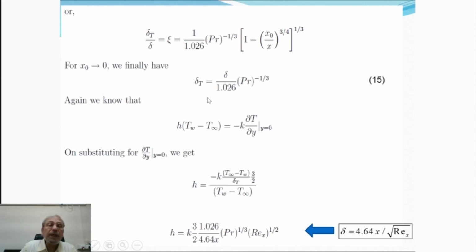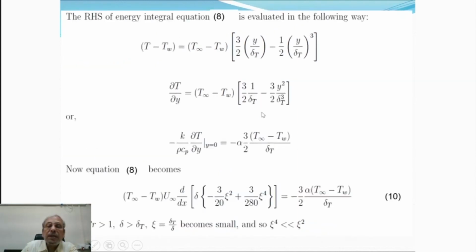Now, if we simply apply Newton's law of cooling, h, the heat transfer coefficient, into Tw minus T infinity is basically minus k, the thermal conductivity of the fluid, into del T del y at y equal to 0. And del T del y, we have already got this expression earlier, which is given by T infinity minus Tw by delta T into 3 by 2.